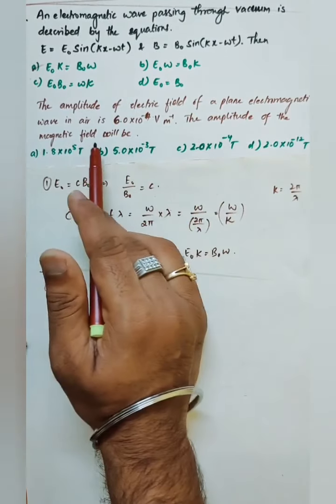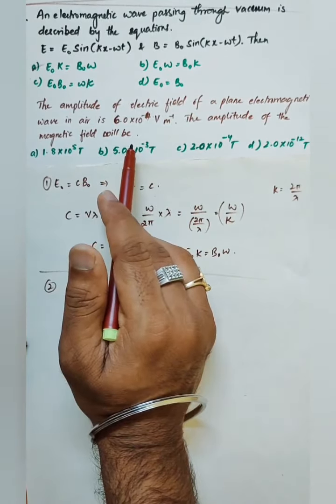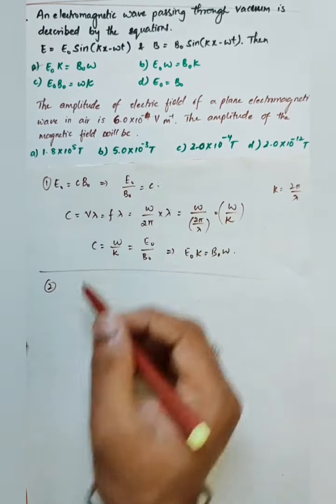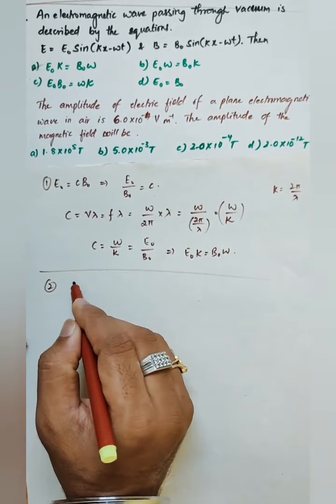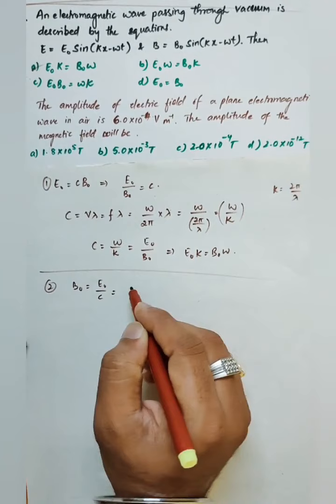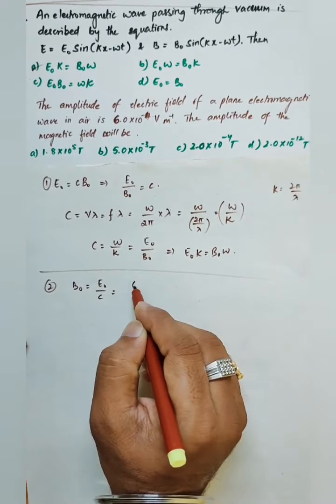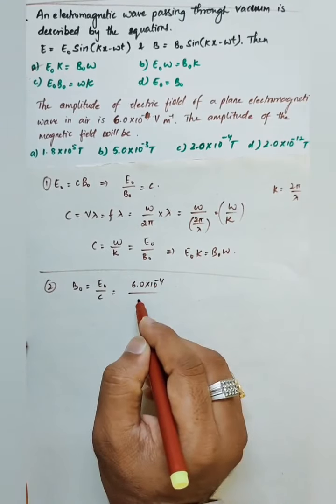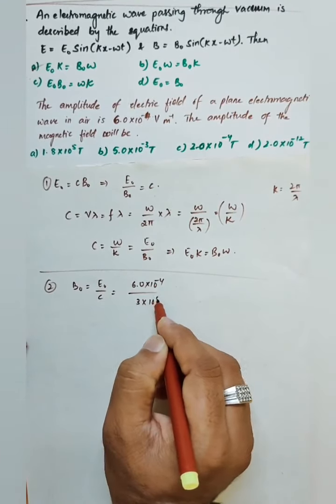The amplitude of magnetic field will be? So we have to find B naught. E naught they have given, and we know that B naught is equal to E naught divided by C. Very simple: 6.0 into 10 power minus 4 divided by 3 into 10 power 8.